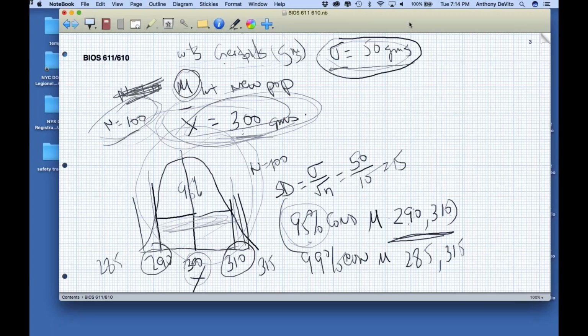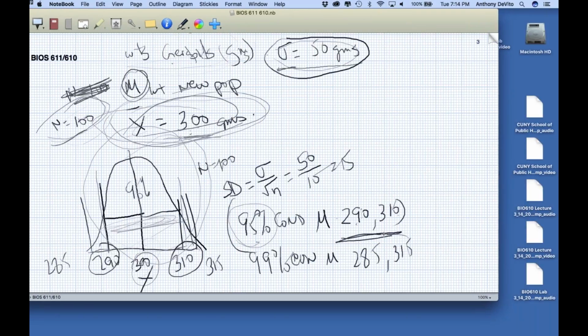Well, doesn't that kind of make sense? If I'm willing to spread out my range, then I can be more confident that I actually caught the true population mean. If I want a narrower range, then I can only be less confident. There's a higher chance that I will miss the true population mean within that interval.